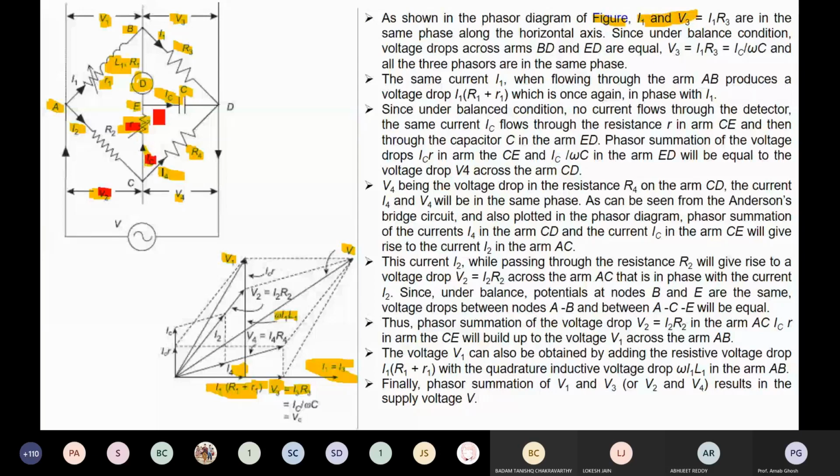So it is your V2. V2 equals I2 into R2. But how do we get the value of I2?